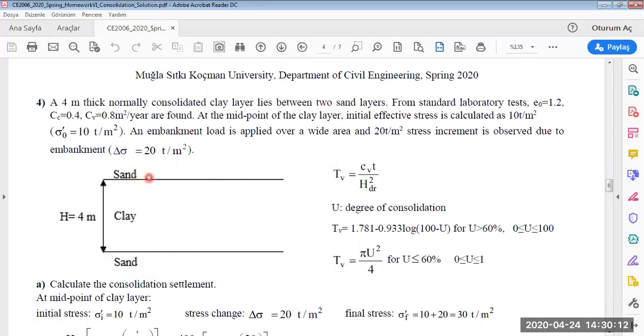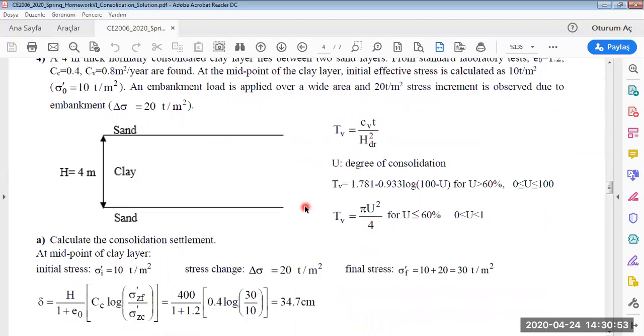This means there will be drainage both at the top and the bottom of the clay layer, and here there are the coefficients that we can use for the calculations, and we will calculate the consolidation settlement at the midpoint of the clay layer, and the initial effective stress is written here, and the stress increment at this point is given here.